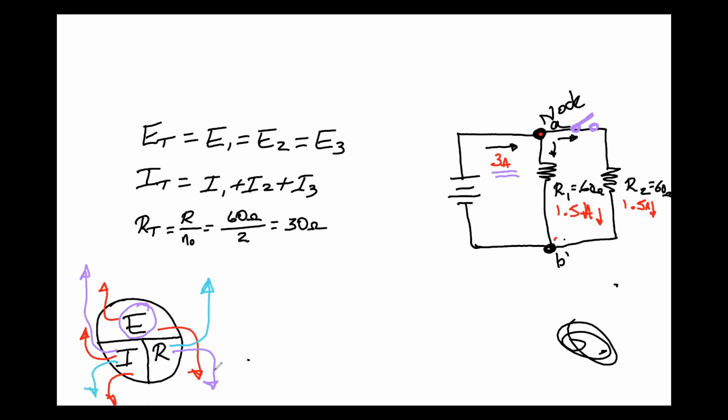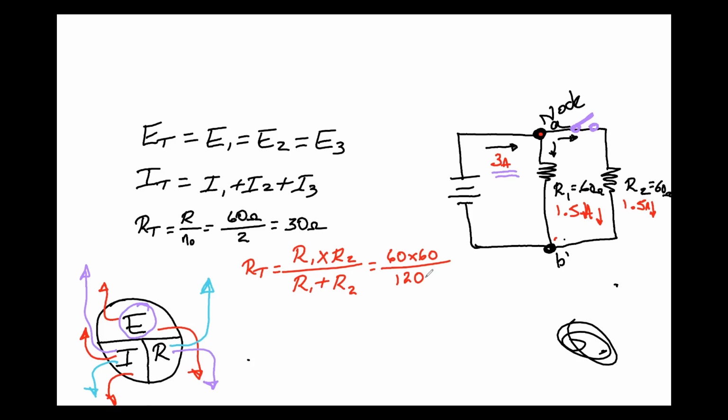So the other rule, if you don't have any questions about that, in order to find the total resistance in a parallel circuit, is called product over sum. If I have R1 and I multiply R1 times R2, that's the product, over the sum R1 plus R2. Let's see if we are going to get 30 as well. That would be equal to 60 times 60 divided by 120.